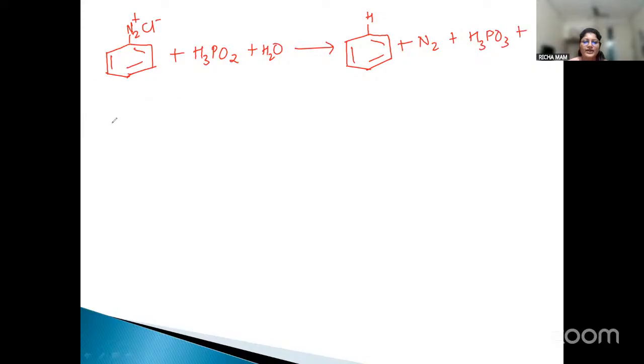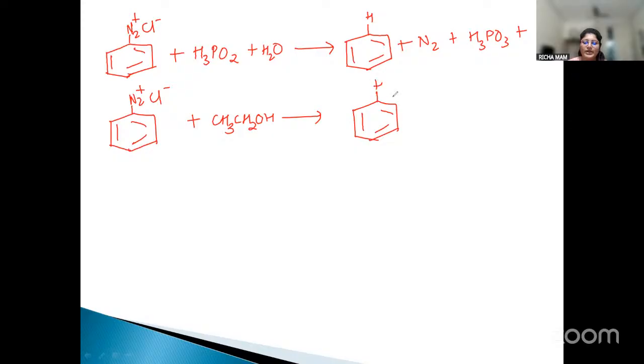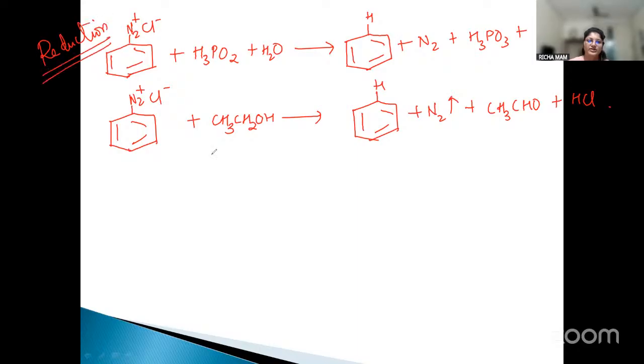Another reaction where we are replacing the diazonium group is with CH3CH2OH. What will be the product? I am going to get benzene plus N2 gas liberated plus CH3CHO plus HCl. So here we are replacing with hydrogen; these are all reduction reactions.